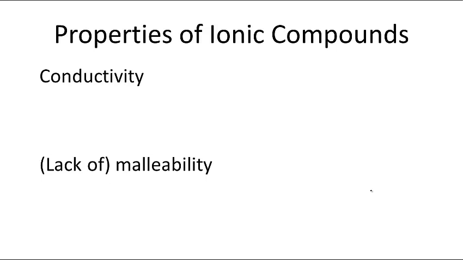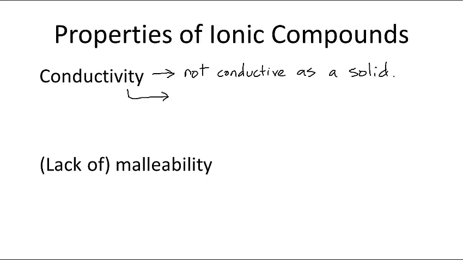So electrons are held tightly, so no conductivity. However, if you melt them or dissolve them in water, they will conduct electricity. And in that case, it's not that electrons flow freely, it's that the ions themselves can flow freely.